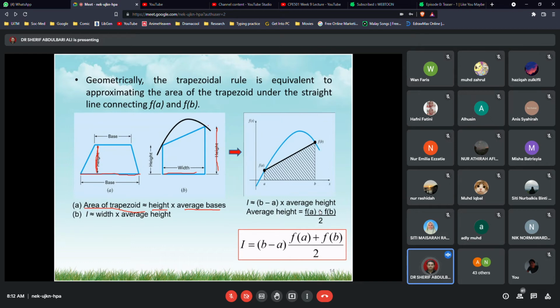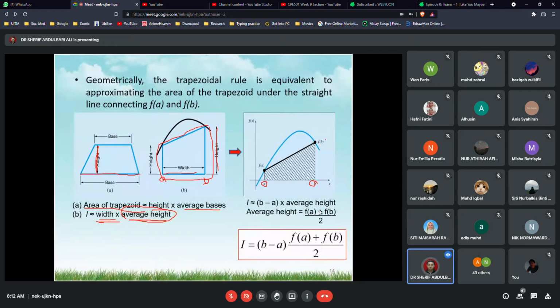That means the integral for this trapezoid shape will be equal to the width times the average of the height, because we transposed it by 90 degrees. So what's the width and what's the average of the height? Your width is your limits, a and b. This is your width from a to b, times the average of the height.